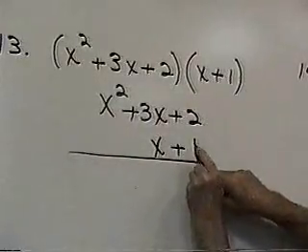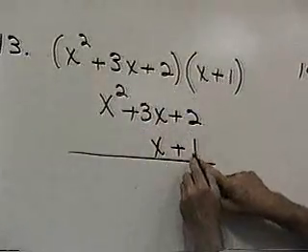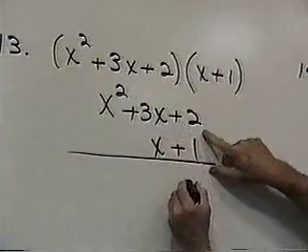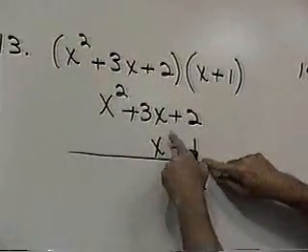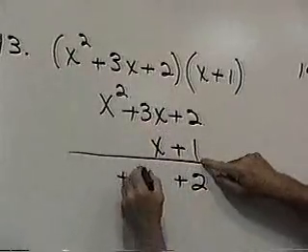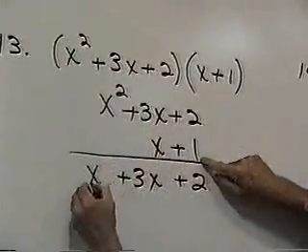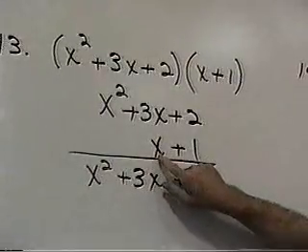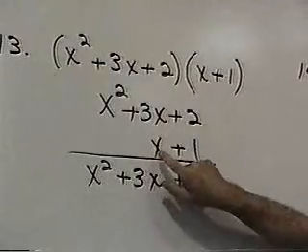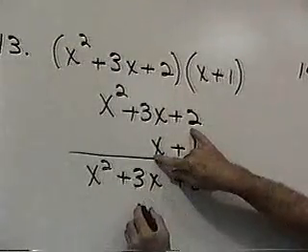We take this and multiply everything up there, just like regular long multiplication. So what's a plus 1 times a plus 2? That's plus 2. What's plus 1 times that? So that's 3x. And what's a plus 1 times that? So that's x squared. Now you come over here. This is just like where the 4 was a while ago. You now multiply this times that. That's 2x, and you put x's underneath x's.